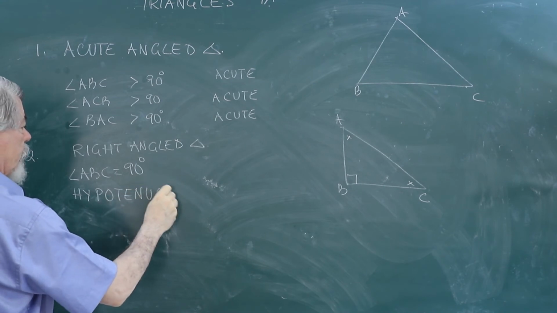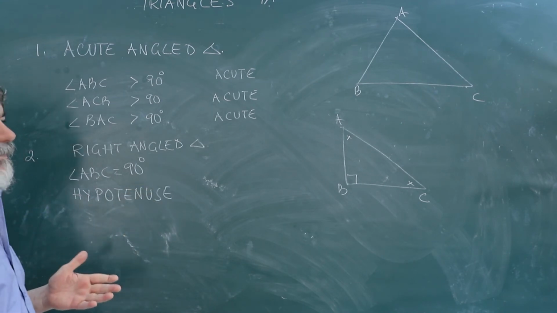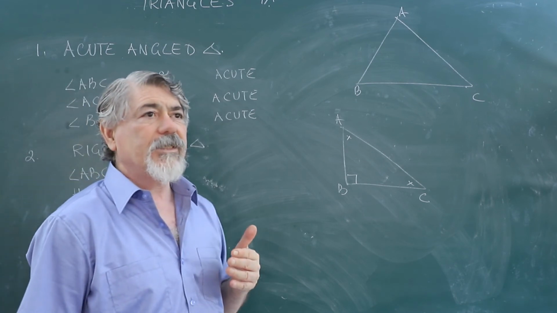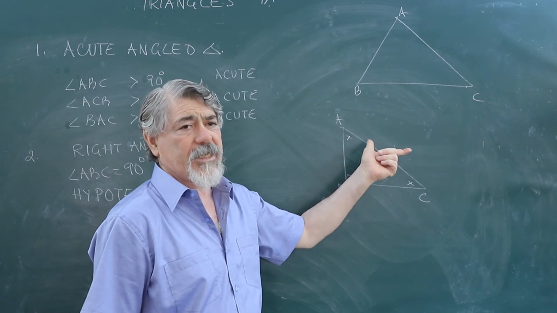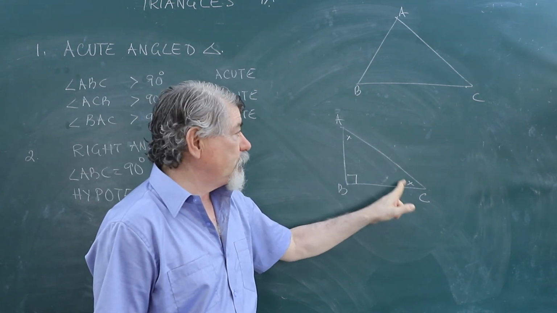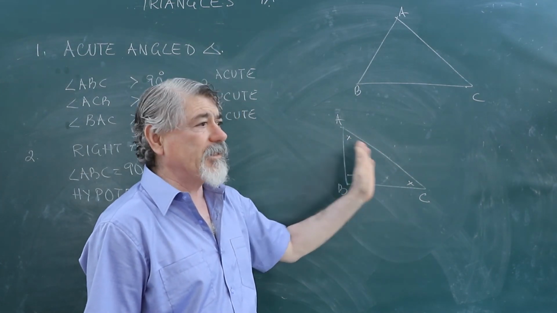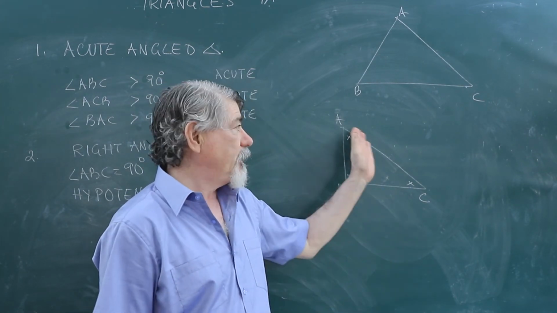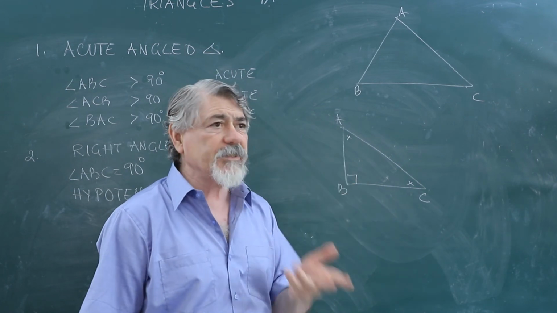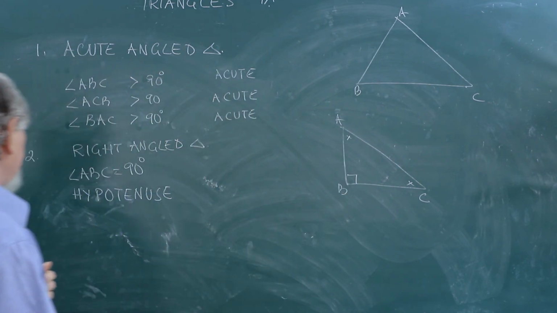It is important to remember that the side opposite to the right angle is the hypotenuse, and it is the biggest side of the right angle triangle, because bigger the angle, bigger the side opposite to it. Because these two angles will be less than 90, obviously the other two sides opposite to them will be smaller than the hypotenuse. The hypotenuse is the biggest side of the right angle triangle.